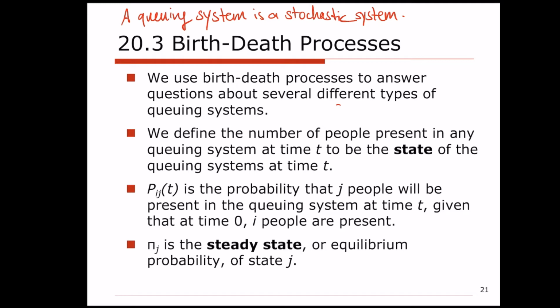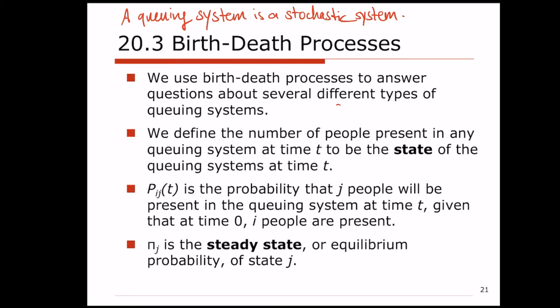Okay, so that's why I call this queuing system a stochastic system, because there are some characteristics of interest, for example, the number of people in the system at any point of time. We don't know exactly how many people will be in the system, but we want to be able to predict these values so that we can make decisions, for example, how many people we have to hire at different times of the day, how big of a space we have to have for the bank, and so forth.